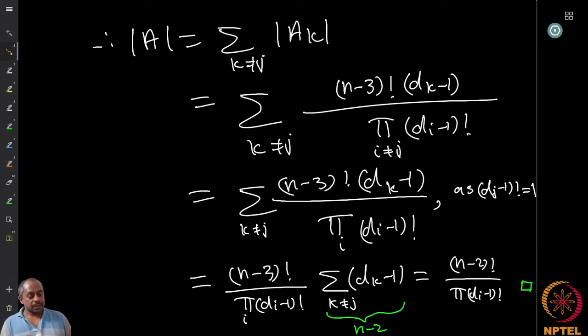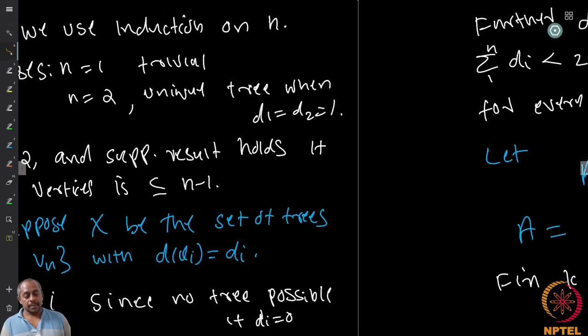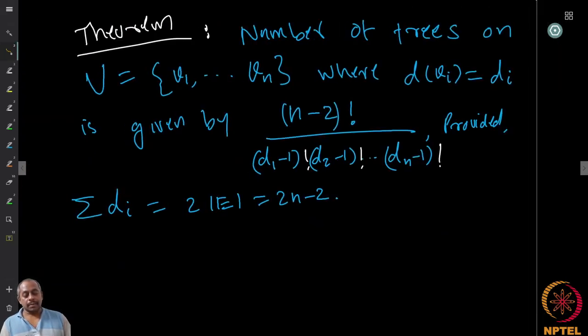So this is equal to (n-2)! over the product of (d_i - 1)!. So this gives us the induction, and therefore we show that this formula is true by induction.